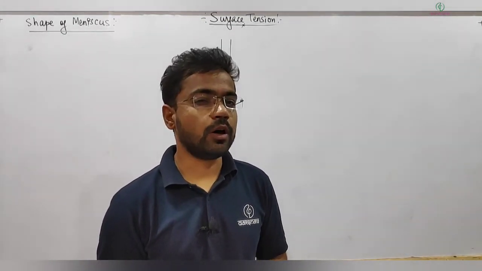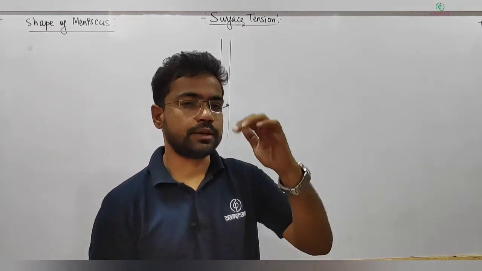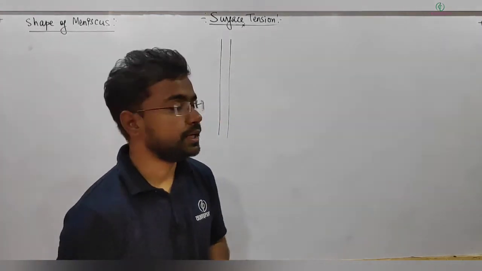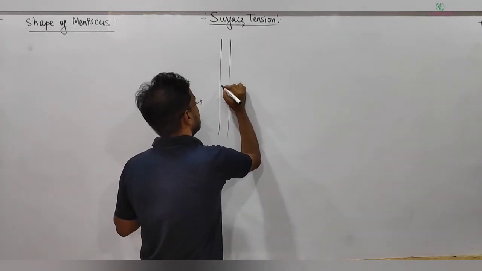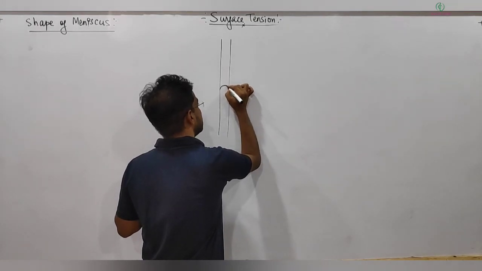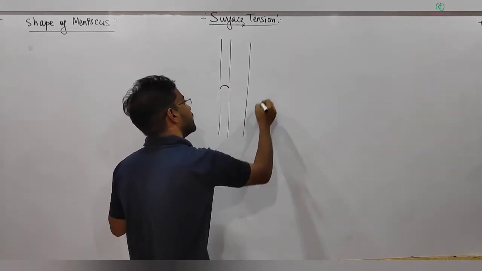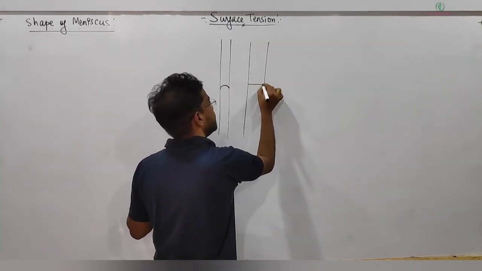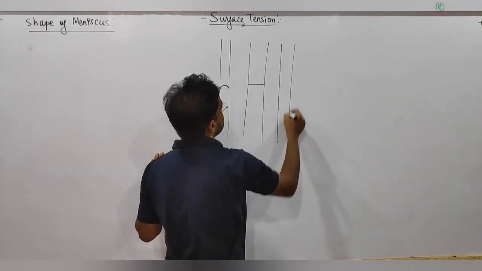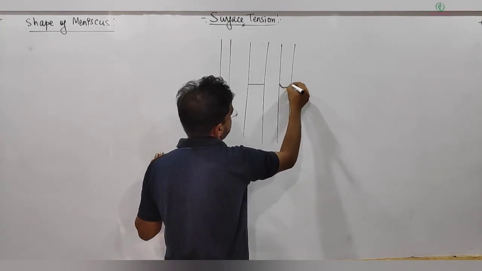Have you ever observed the top surface of the mercury? This is the thermometer. So there are actually different possibilities. One is like this, a tube and mercury in this shape, or another maybe in exactly flat shape, and another case it's maybe in this shape.